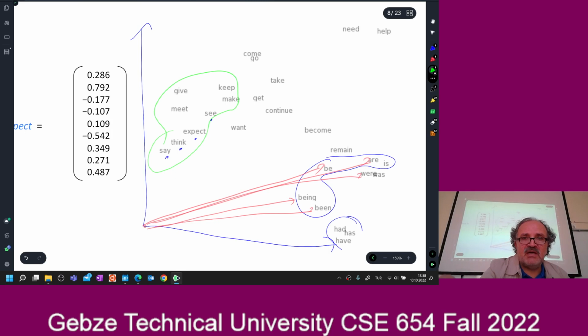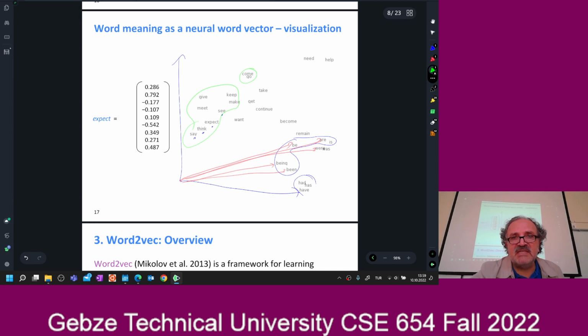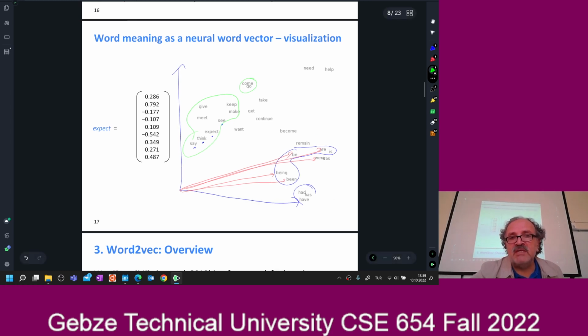Come and go are almost together. Although they are opposite to each other, they are so related to each other, right? They are similar. The reason why come and go happen together is that instead of using come, if I use go, my sentence is still a valid English sentence. So instead of come, I can use go, etc. So this is what's going to happen, and we are going to do this a lot.